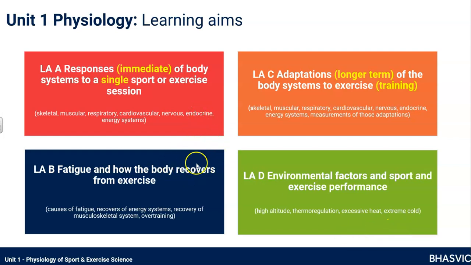Do those conditions negatively impact on us? And can we get used to those conditions? Can our body systems adapt? If I trained in high altitude conditions regularly, do my body systems change and get better at coping with those challenges? So that's the content of the physiology unit.